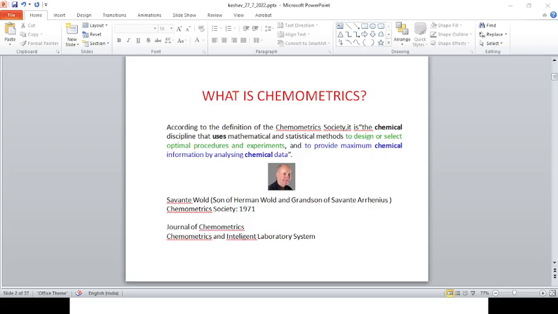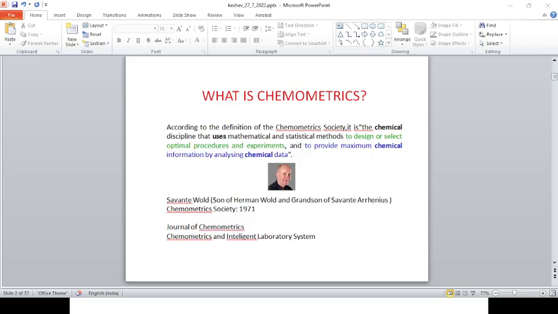So chemometrics is not about coming only when the data is acquired, but it also is there before gathering the data. You use principles of chemometrics, design of experiment, to get the cleanest or most reliable data set, right? Which is not random, that has a scientific foundation. So this is chemometrics in a nutshell.